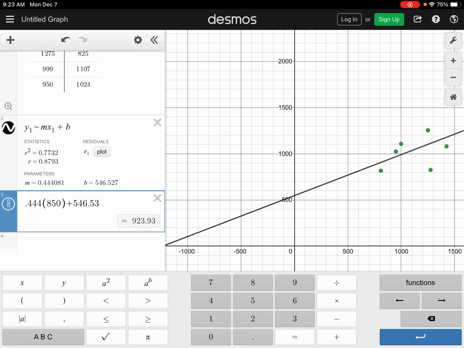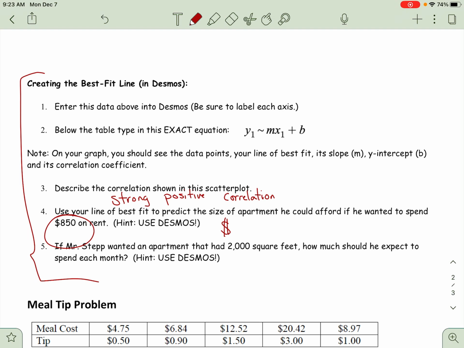If we round it to a whole number, that gives you 924. That's how much square footage you could expect it to have. So 924 square feet.